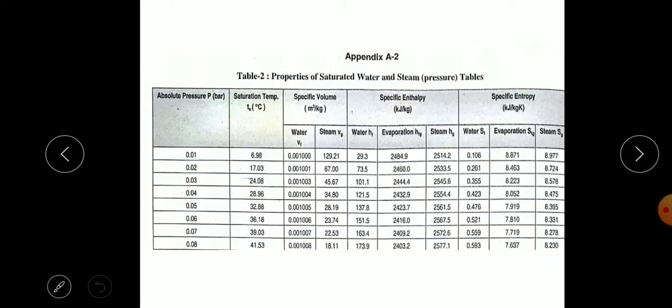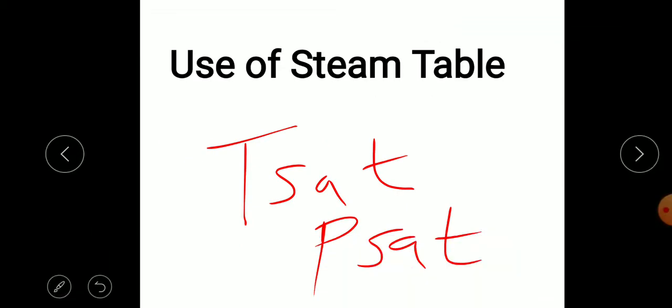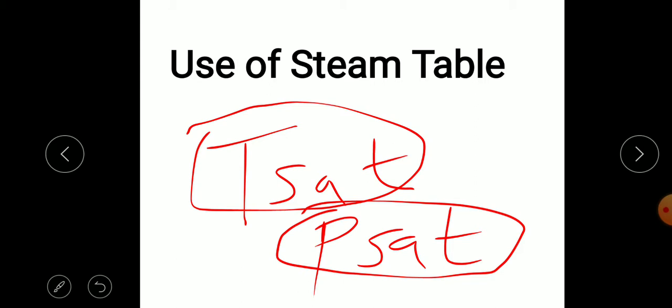This is what we have considered in the steam table. We have to find, corresponding to this saturation temperature, the properties of the steam, such as enthalpy, entropy, and specific volume of the steam. The properties may also be given with respect to the saturation pressure.